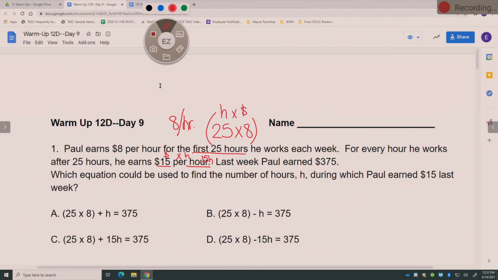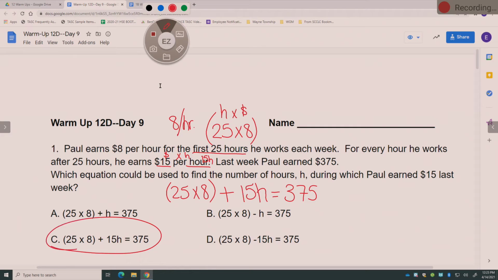So we're looking for an equation that has his first 25 hours, which would be 25 times 8, plus any hours after that, $15 per hour, equals his total amount that he worked. So that's number 1.